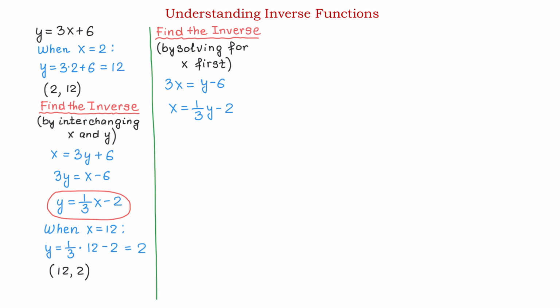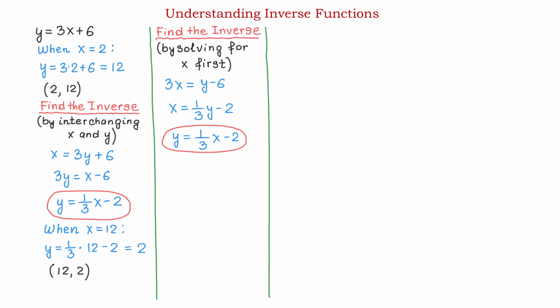And now we interchange x and y, and we will have y equals 1/3 x minus 2. So as you see, when we find the inverse of a function, we can start by interchanging x and y first, then solve the function for y, or we can solve for x, then interchange x and y later.